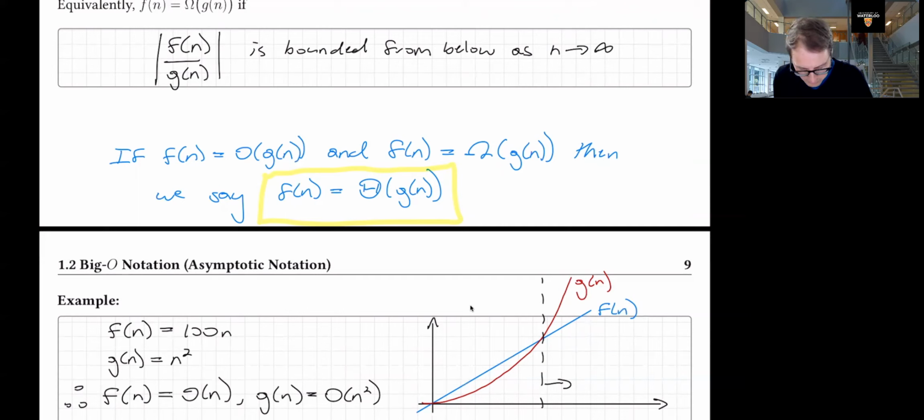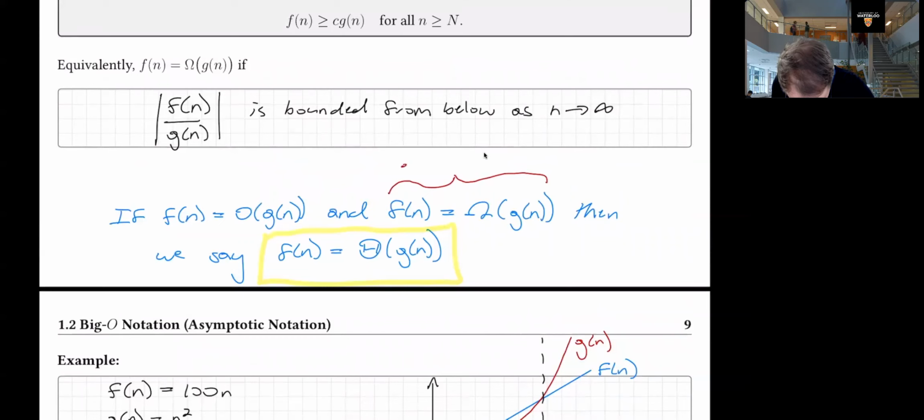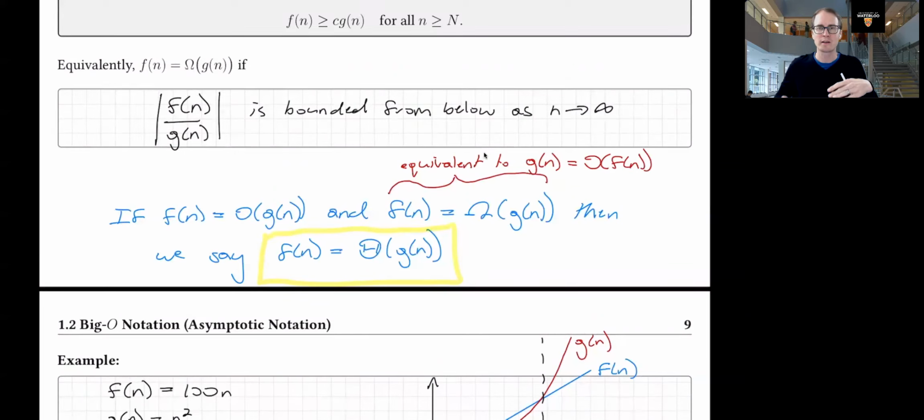And just one thing here, when I say that f is in big omega of g, that's the same thing as saying that g of n is equal to big O of f of n. Right, if one lower bounds the other, this says g lower bounds f, that means that f upper bounds g, and so on.